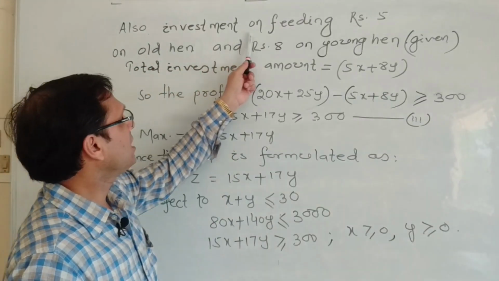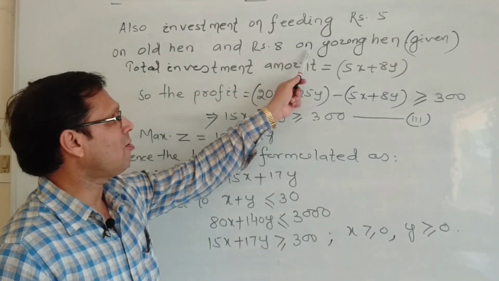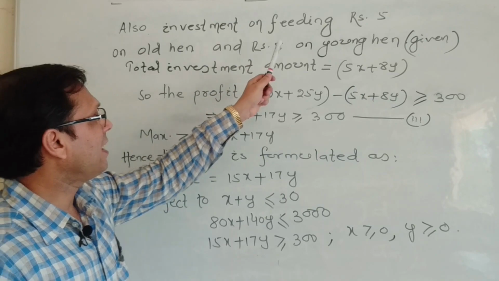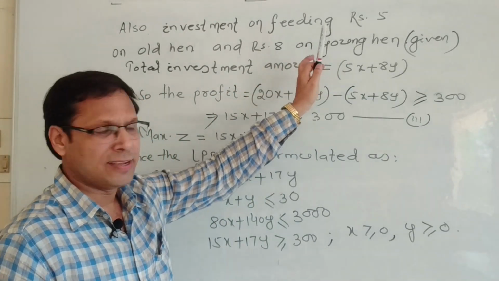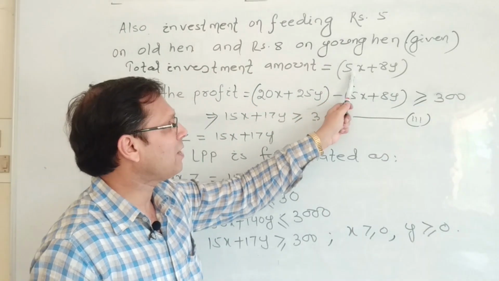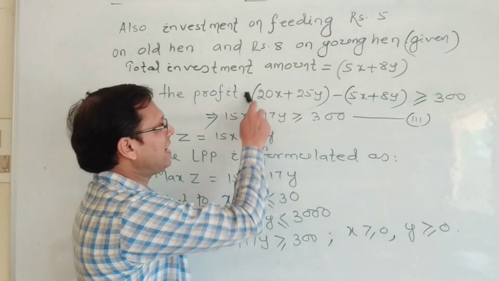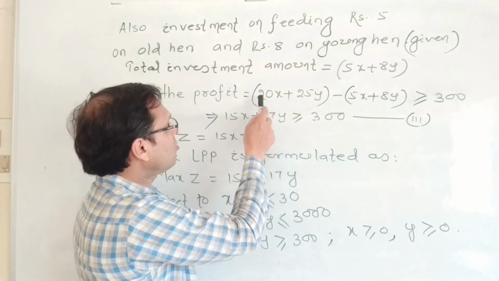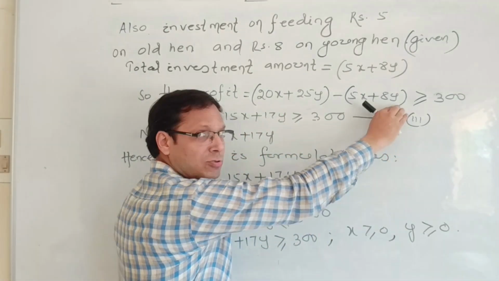Also the investment on feeding, rupees 5 on old hen and rupees 8 on young hen, given. That means we have x number of old hens and y number of young hens. So total amount of investment on feeding should be equal to 5x plus 8y rupees. But we have the income by selling the eggs, 20x plus 25y. So this is the income amount and this one is the expenditure amount on feeding.